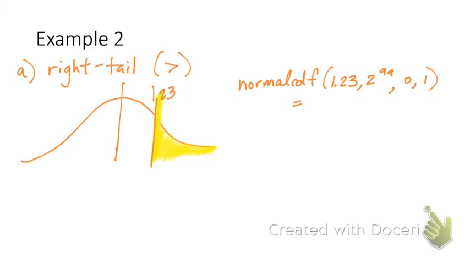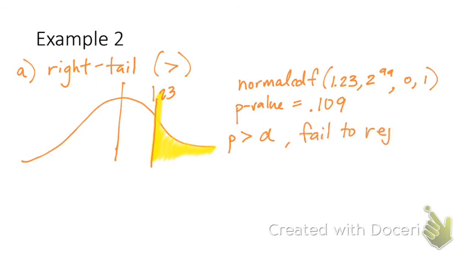So somebody tell me what you get. 0.109. Good. Now, this is my p-value. I'm going to compare it to 0.05. Is it greater than or less than? Greater. So my p-value is greater than alpha, so I make what decision? Fail to reject.